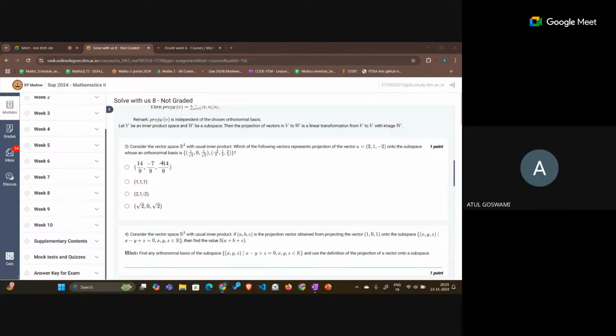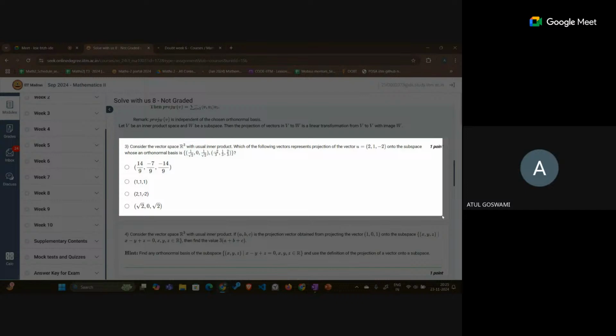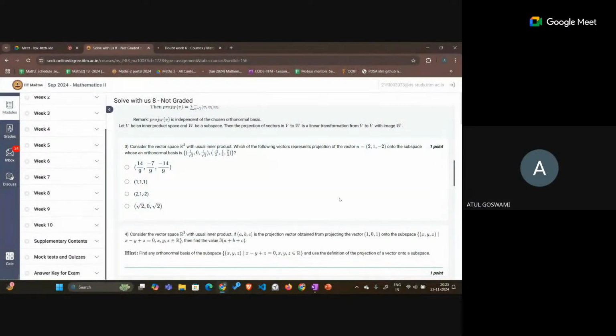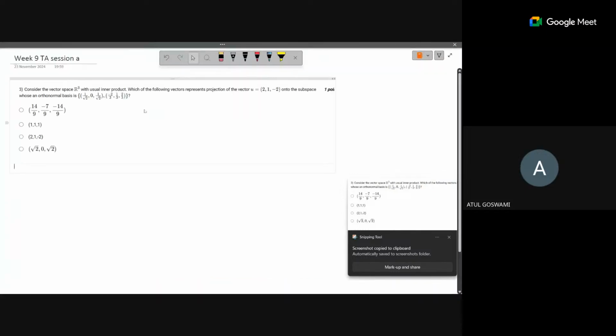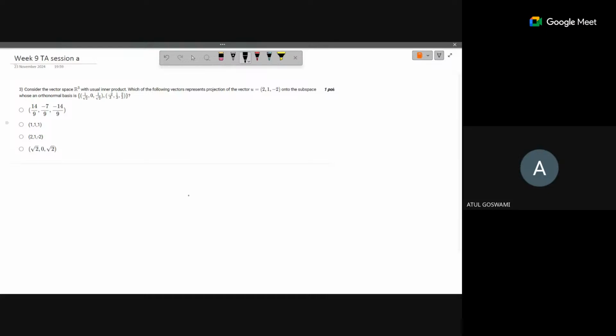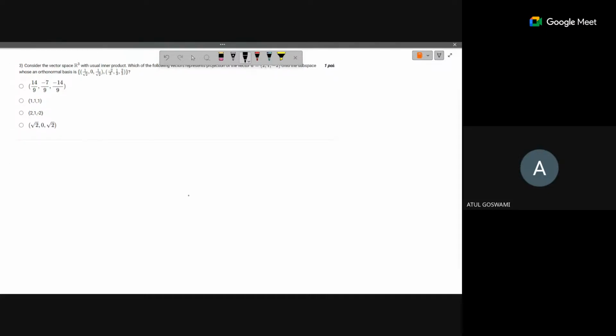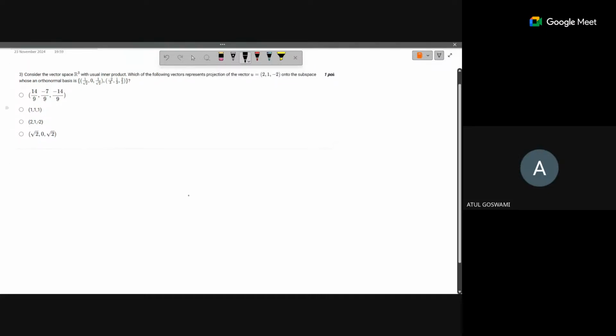I'm solving for the rest of you. If this is the question, you have to find the projection of this vector u on this. The first vector is this, and the second vector is this. So how to find the projection on the subspace? We just project on the basis vectors of that subspace, because we are already given the orthonormal basis.